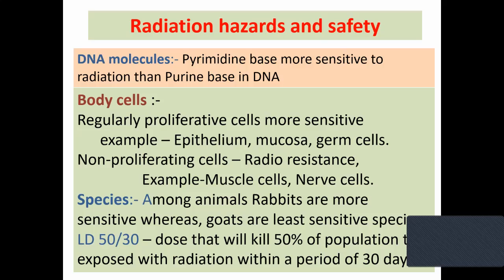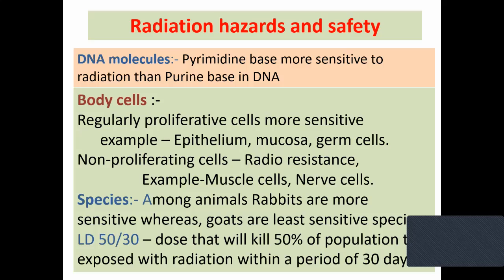Examples of proliferating cells are epithelial cells, mucosa cells, germ cells. They are regularly dividing, right? Then non-proliferating cells are radioresistant, like muscle cells, nerve cells. They are not routinely in a dividing stage, so they are more resistant to radiation damage.